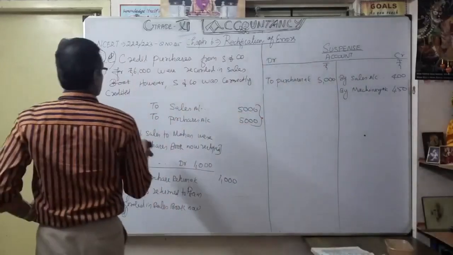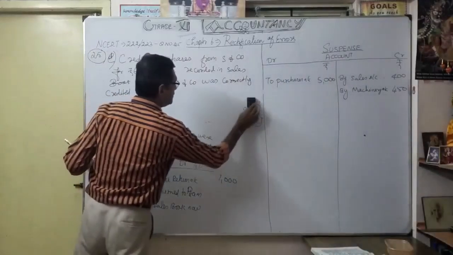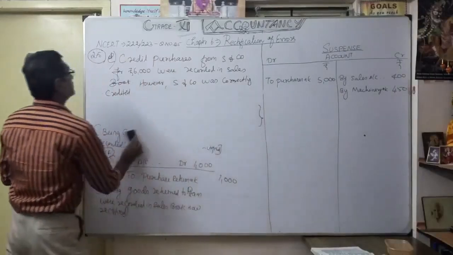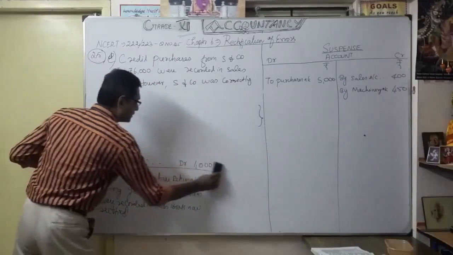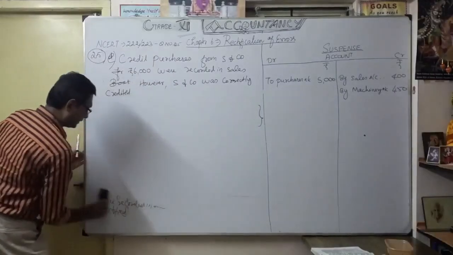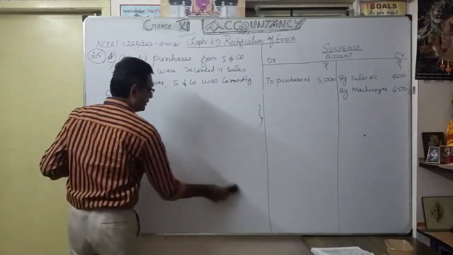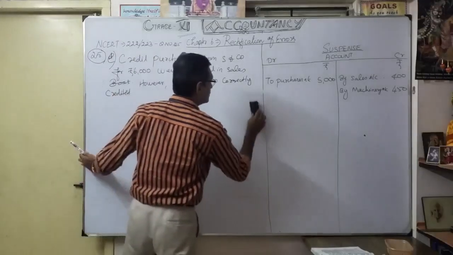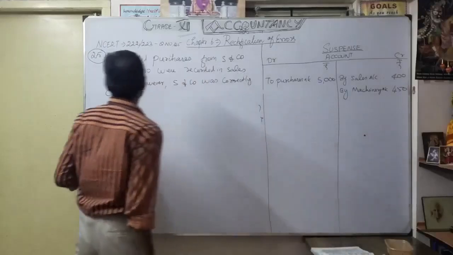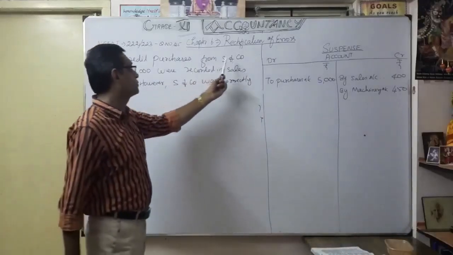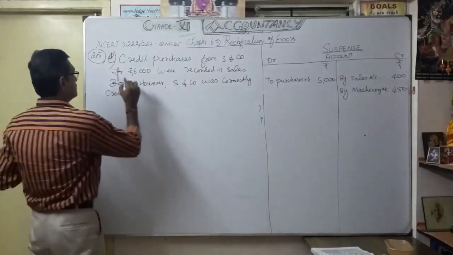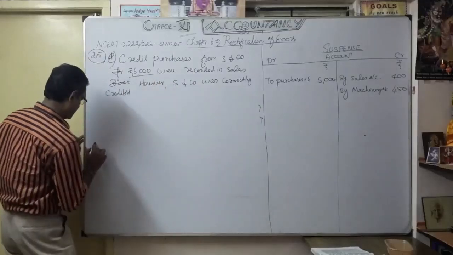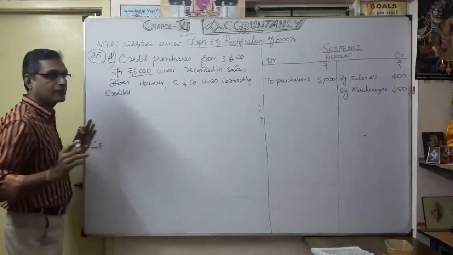See, here they have done a purchase, not a sale. Now let's see what transaction they have given: credit purchases from S and Co for 6,000. First I write the correct entry for understanding. Actually, what happened in the transaction?